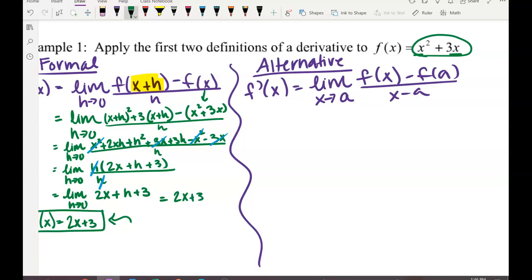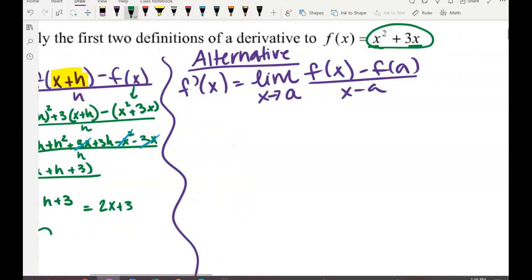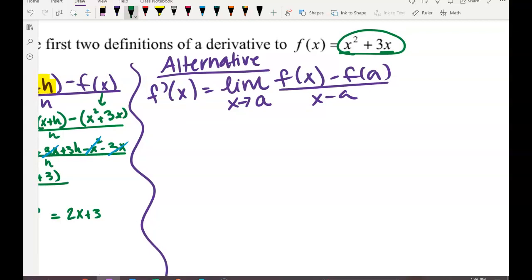Now we are going to use the second formula to see what's going to happen. We're not given an a value, so we're going to assume an a value will still be an a value.